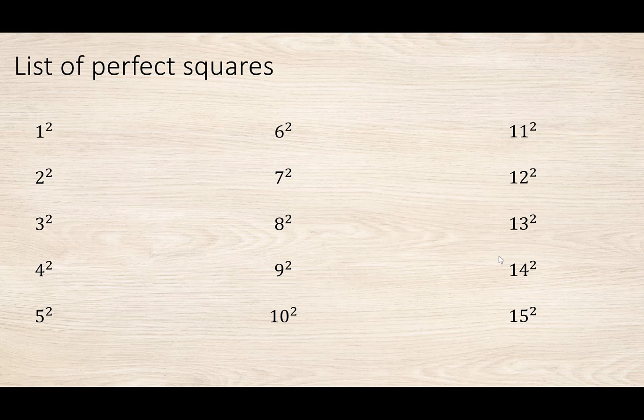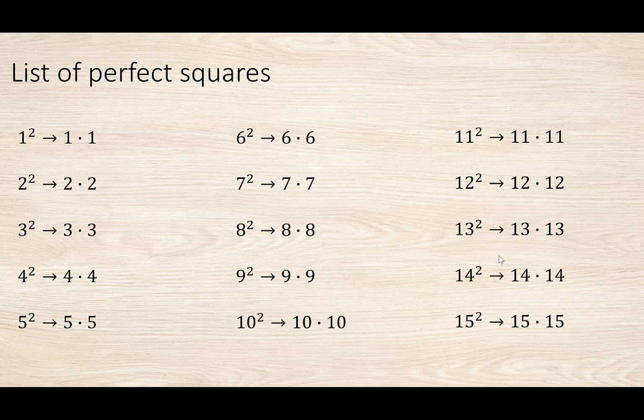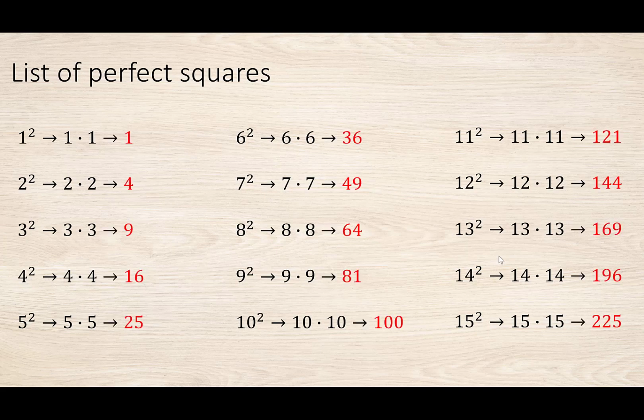So it's a lot easier and faster if you just automatically know them. But when we take these and we actually expand them out, so we actually say 1 times 1, 2 times 2, 3 times 3, this is what it looks like. And then when we actually multiply them, we get these numbers in red, which are our perfect squares.